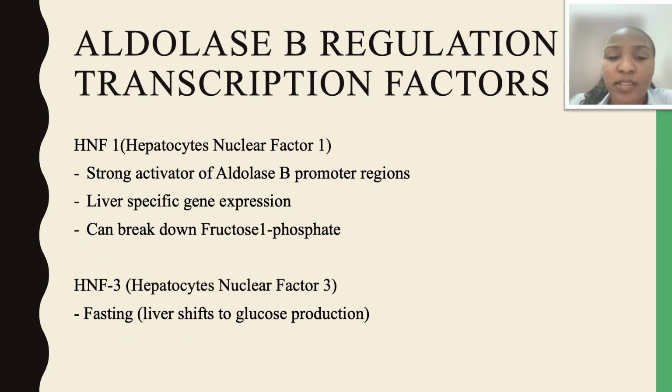Now, an interesting fact that I want to mention about aldolase is that both aldolase A and aldolase B mRNA are present before birth, but after birth and throughout adulthood, only the liver is primarily expressing aldolase B, which becomes the dominant form. And again, aldolase B is extremely important because it needs to cleave the fructose 1,6-bisphosphate into the triose phosphates, or it needs to form the fructose 1,6-bisphosphate from the triose phosphates.